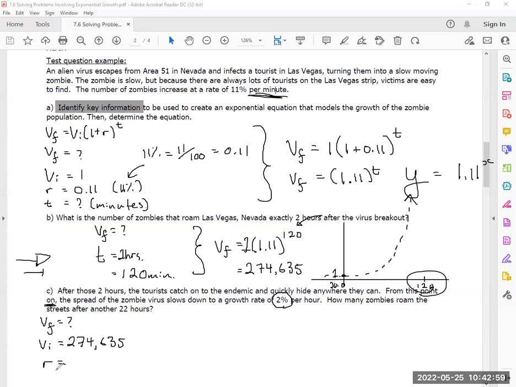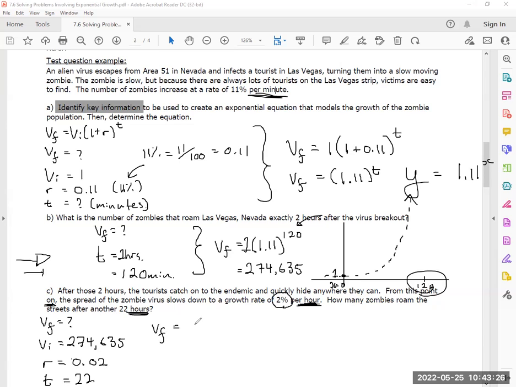But what's my new rate of growth? And what's my time? So 0.02, and how much time has passed? 22 hours. And I can use 22 hours because the rate is per hour. So this is 22. Let's plug it in.